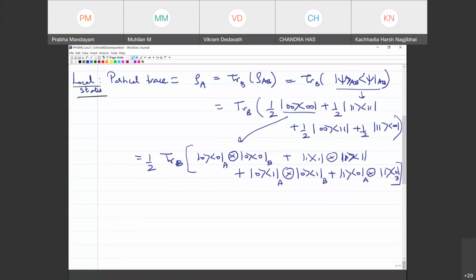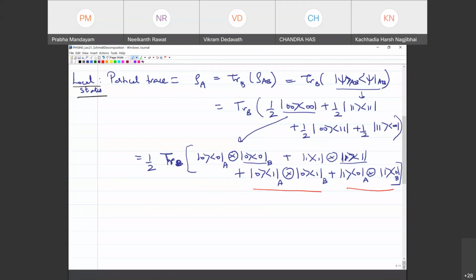And now it's very easy to do the partial trace over B because you know that the trace of an outer product like this is simply the inner product of these two vectors. So this trace is 1, this trace is 1. What about these two terms? What do these two terms contribute? Zero. Indeed.